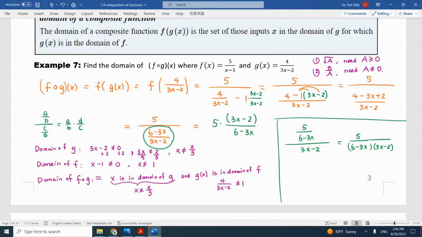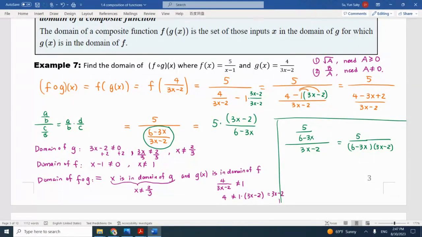Both sides multiply by 3x minus 2. You get 4 not equal to 1 times 3x minus 2. Is that okay, everybody? We multiply that on both sides, and 1 times anything is that thing, so this is 3x minus 2.